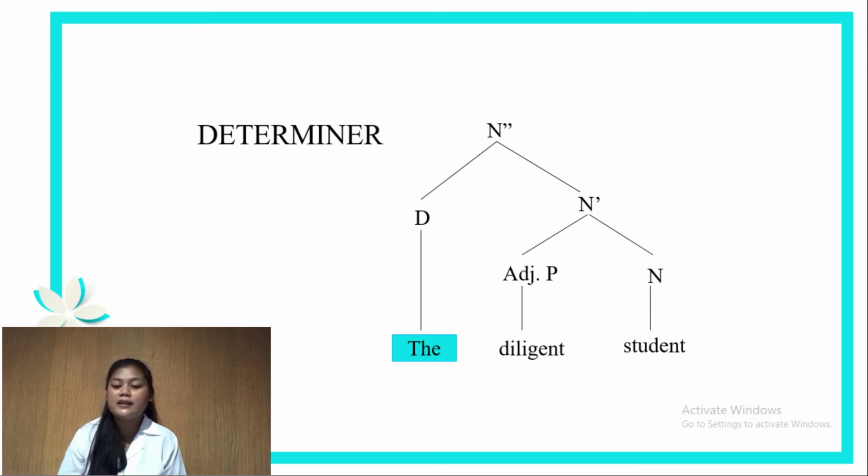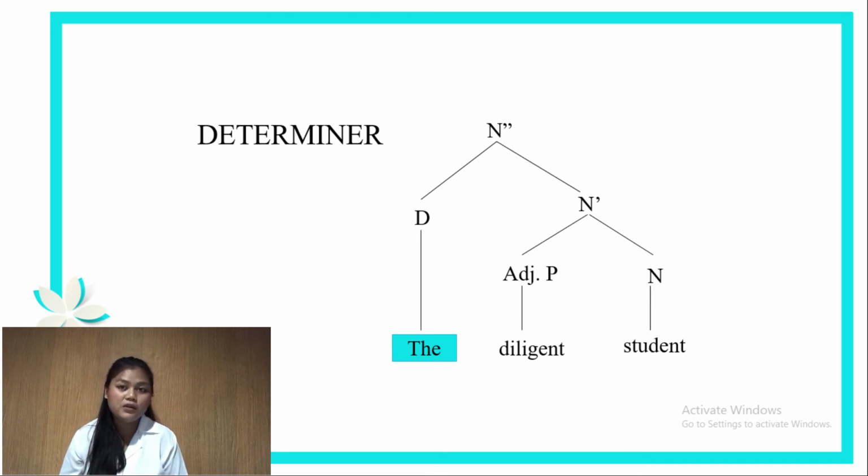Okay, the second one is determiner. The example of determiner is the diligent students. You can see on the slide the tree diagram of the diligent students.